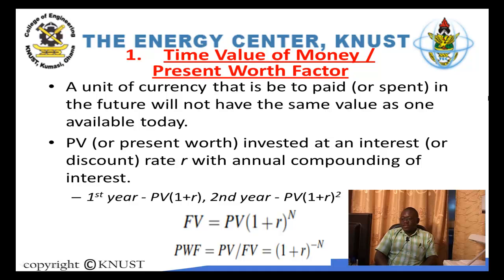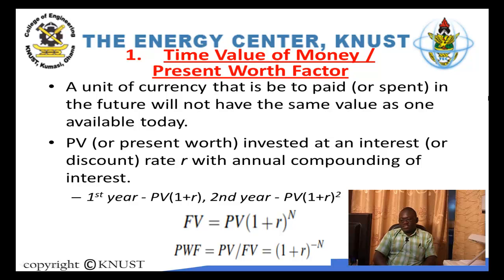So to find the future value of the initial investment at any year, let's say n, the future value FV is given by the present value times (1 + r) raised to the power n, where n is the number of years.